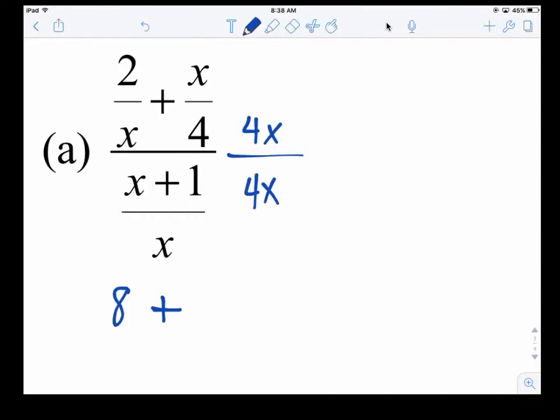You get 4x squared over 4, and the 4s cross out, and you're just left with x squared.